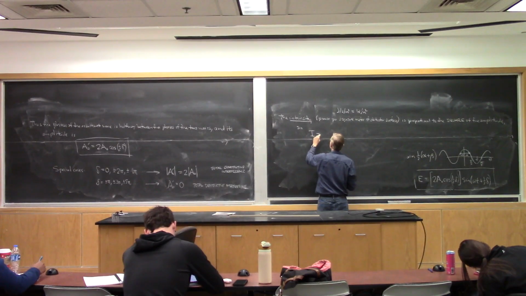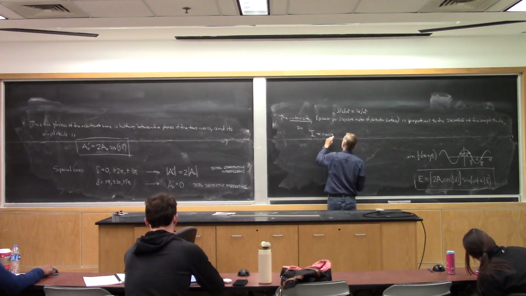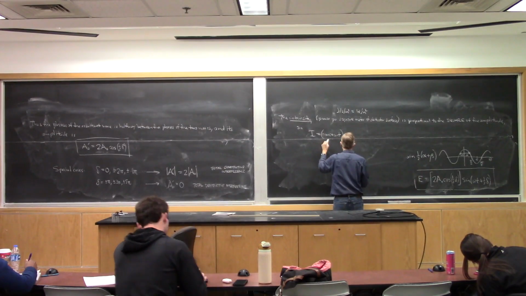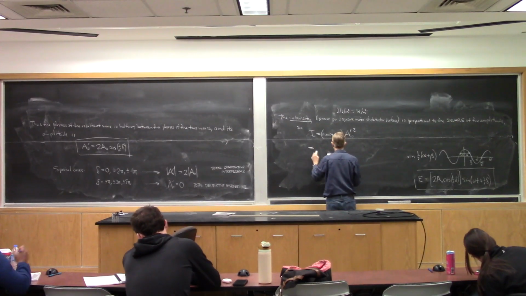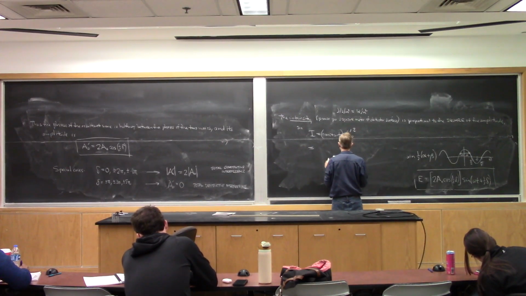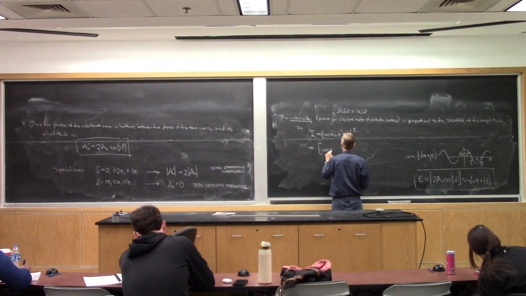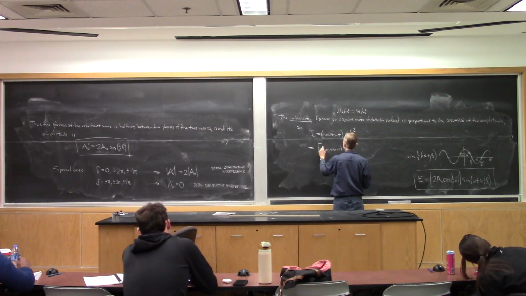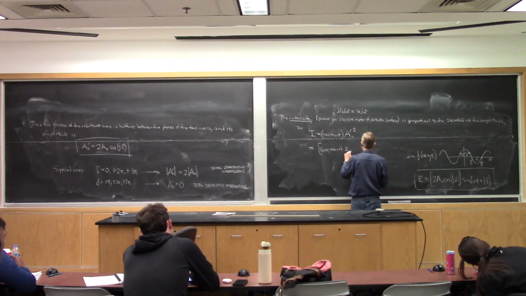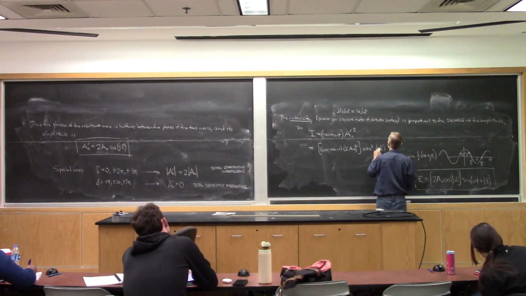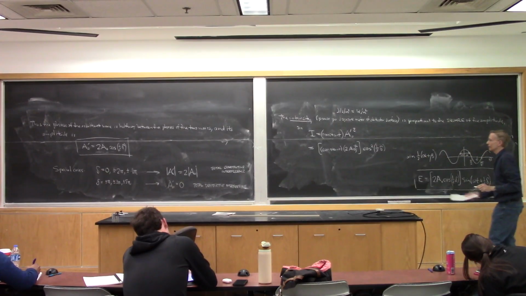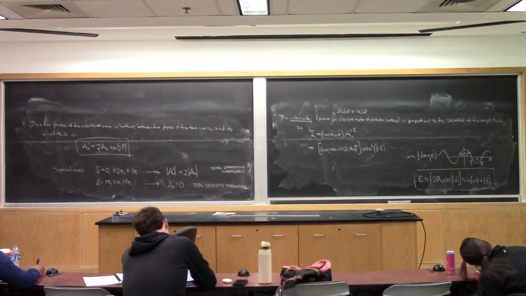The intensity is some constant times A naught prime squared. So that'll be constant times 2A naught squared times cosine squared of half delta, because A naught prime is 2A naught cosine of half delta.